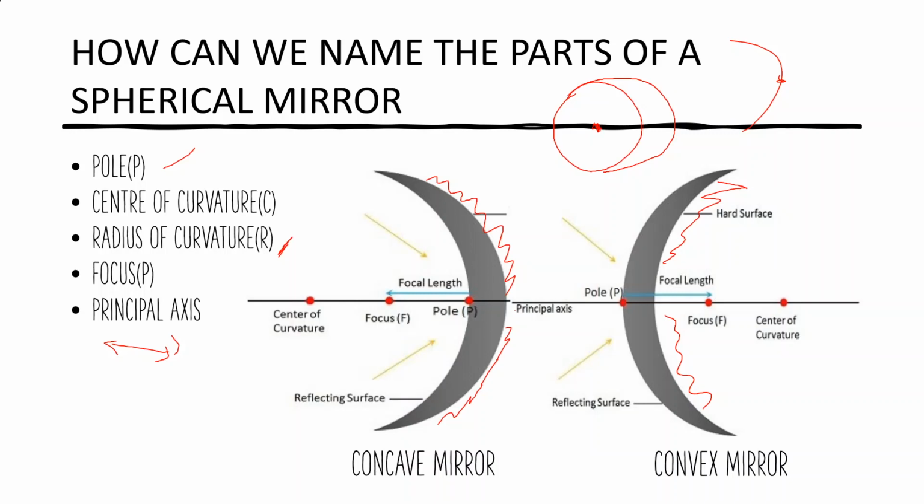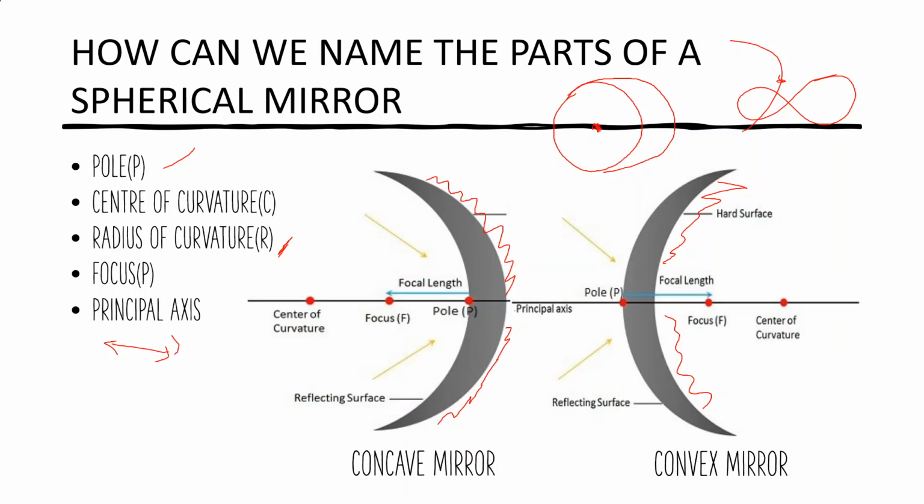Okay. Now come back to the topic. Pole, I told you, is the point located at the center. There are infinite points, and I am talking only about one point located at the center of the reflecting surface.